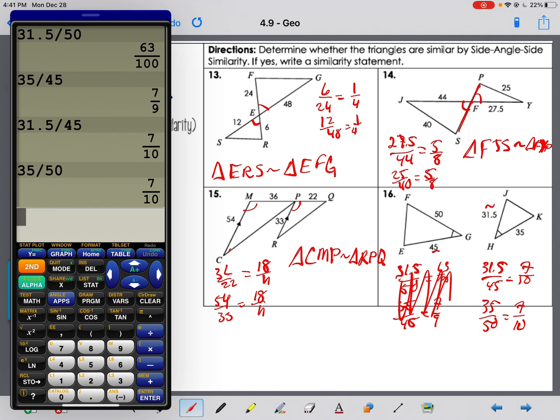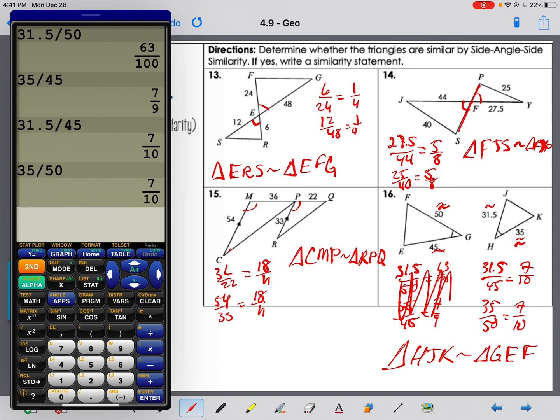So 31.5 is similar to the 45. And then I'm going to give this one 2 wiggles. Okay. So we got to triangle them in the right direction. So I'm going to start with H, go to J, then K. If I started with H, I got to start with G. H to J was the 31, it's the 1 dash, so it's got to be E and then F. Okay.